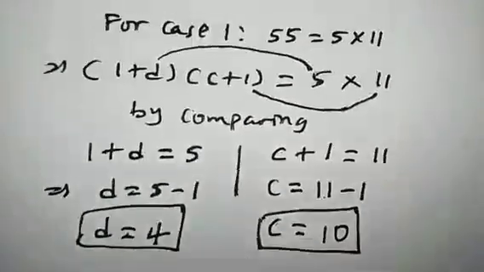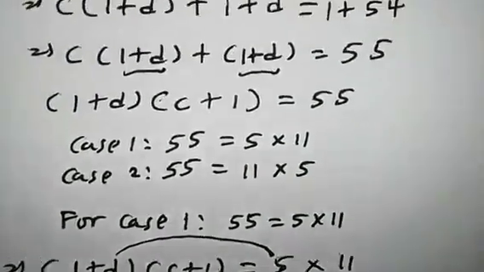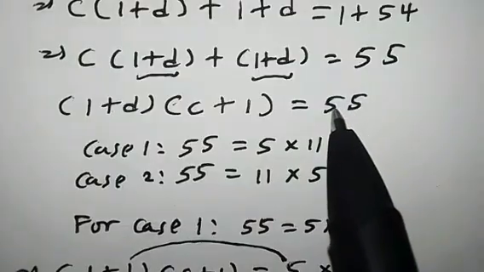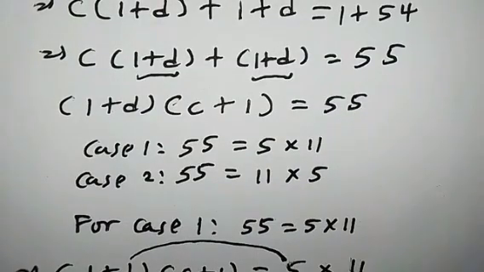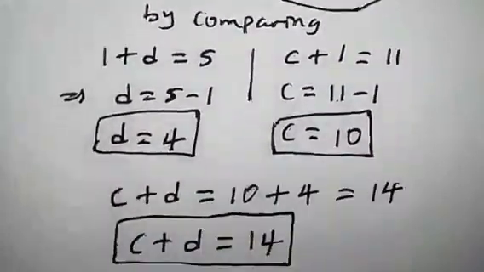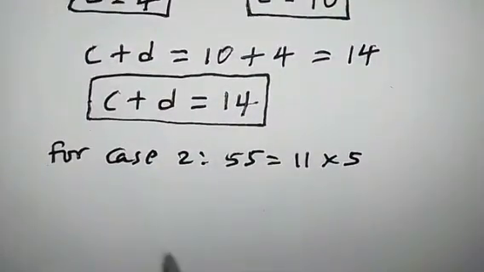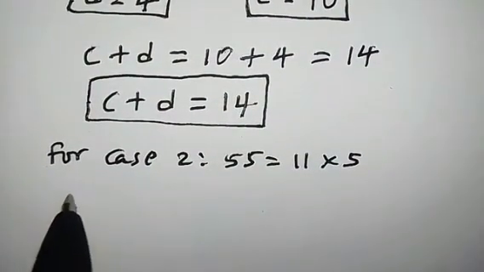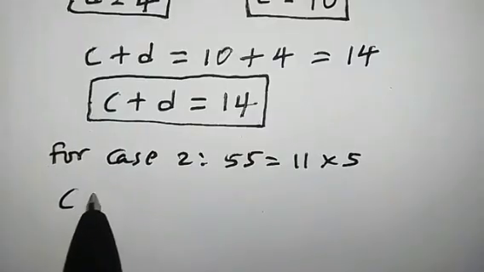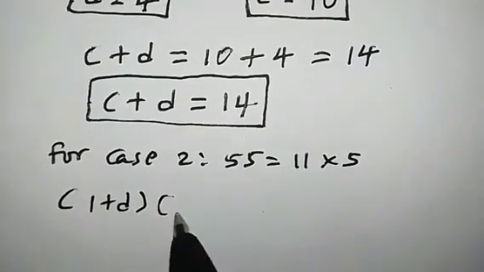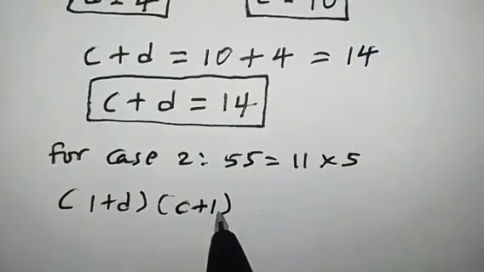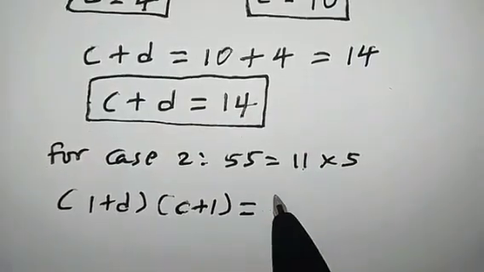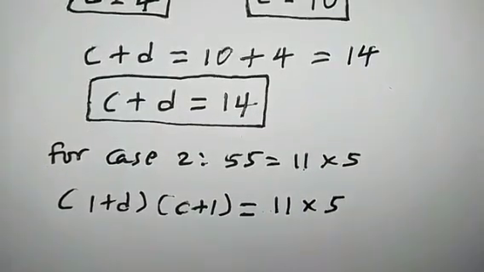That means we have to replace this particular 55 with what? With 11 times 5. So let us do that. So we have 1 plus D times C plus 1 equal to 11 times 5.